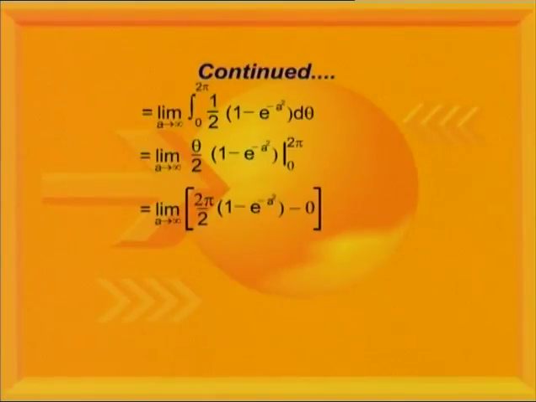So this is equal to pi minus limit of pi over e raised to power a square, where a is tending towards infinity. Getting this limit, a is becoming infinity, so the denominator is becoming infinity, so this limit is becoming 0. So we get only pi. So the value of this integral is equal to pi.